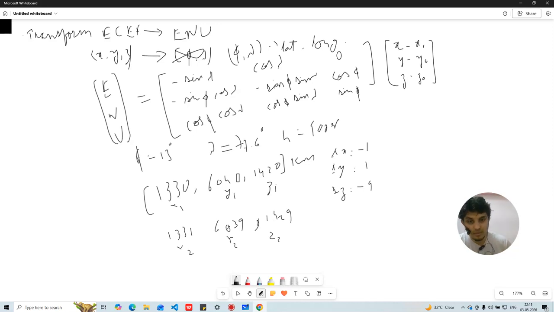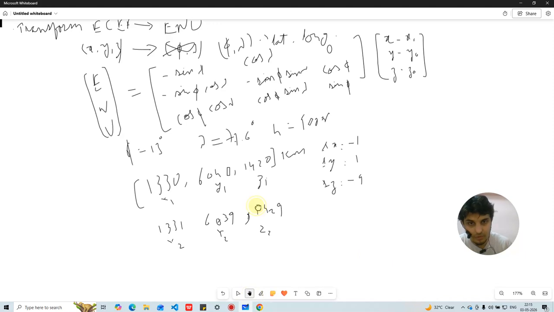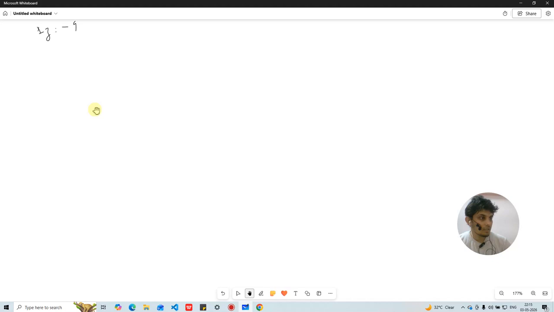Let's ask a very simple basic question: derive the rotation matrix. This is exactly where things get conceptual. The ENU rotation matrix isn't magic. It comes straight from geometry on Earth and how we define directions. So it's not coming from nowhere, which is why we are trying to derive it.